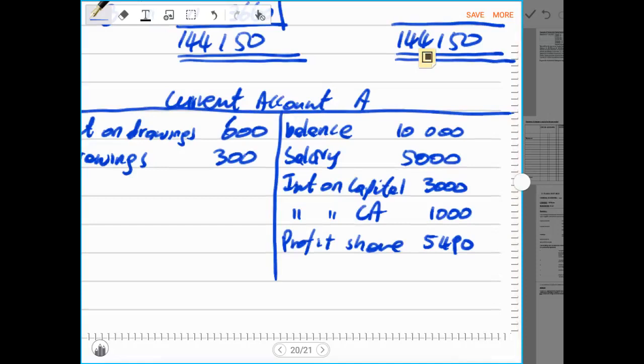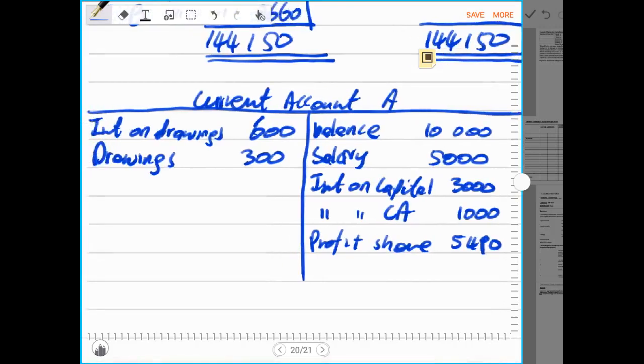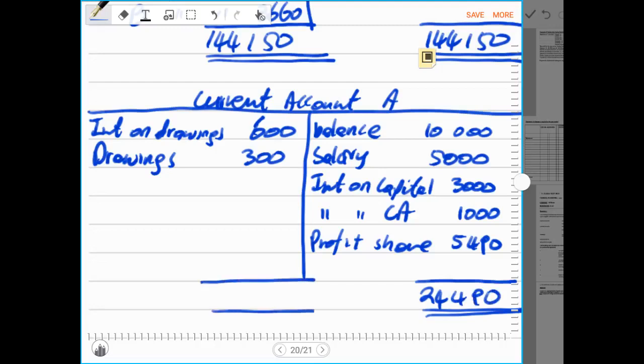Then now from here we can totalize the current account. We say 10,000 plus the 5,000 plus the 3,000 plus the 1,000 plus the share of profit. That should give us a total on the credit side of partner A as 24,490 rands. That is the total of the bigger side, 24,490 rands.